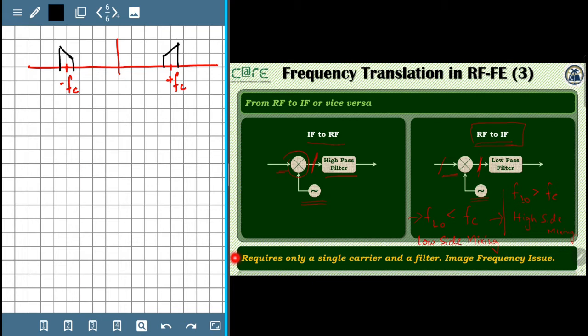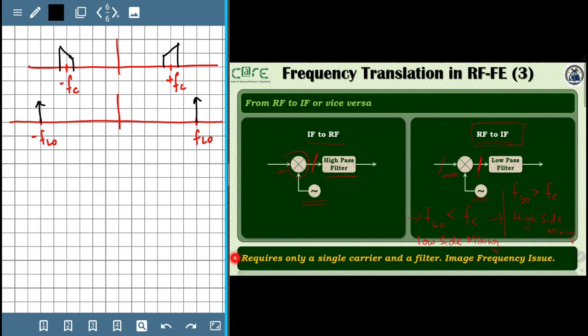What happens now is that we have a local oscillator whose frequency FLO is greater than FC. So let's say that we have FLO here and minus FLO appearing here, and the spectrum of the local oscillator will be the pair of impulses at plus minus FLO, and it would look like this.